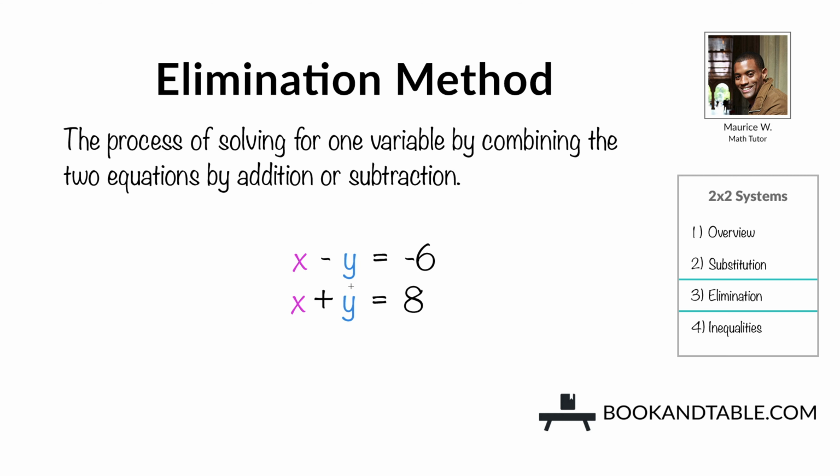So just like the substitution method, there is a bit of flexibility here. You can choose to eliminate x or y first to solve for the first variable. So here, since the x's have the same coefficient, +1, you'll want to use subtraction since x minus x would be 0, thus eliminating the x and leaving you with just y. -y minus y would give you -2y. -6 minus +8 would give you -14.